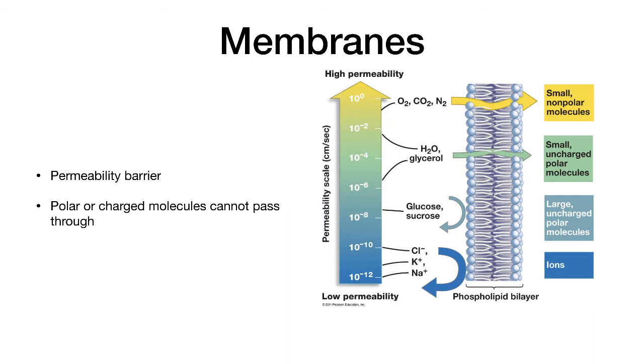If a cell wants to move these in, it has to have proteins that recognize them and move them through. Obviously, things larger than glucose and sucrose, such as proteins and other polymers, are unable on their own to diffuse across the membrane, and the cell has to have very special functions to actually get these across the membrane.